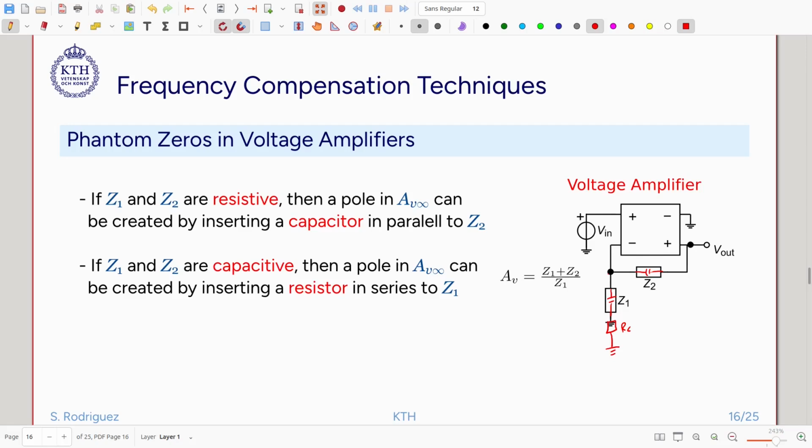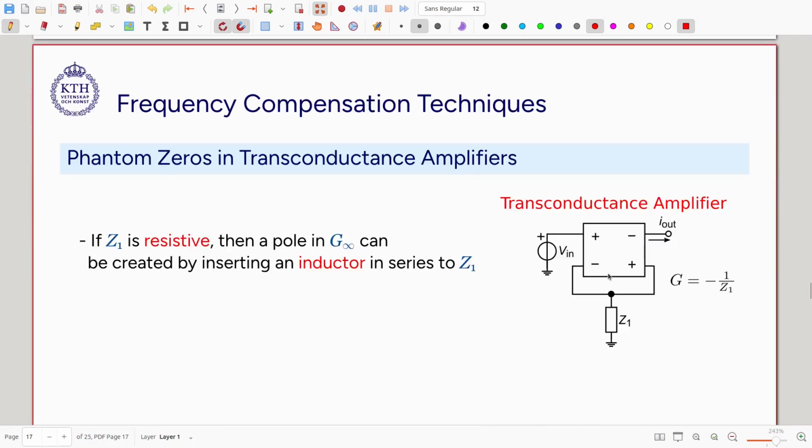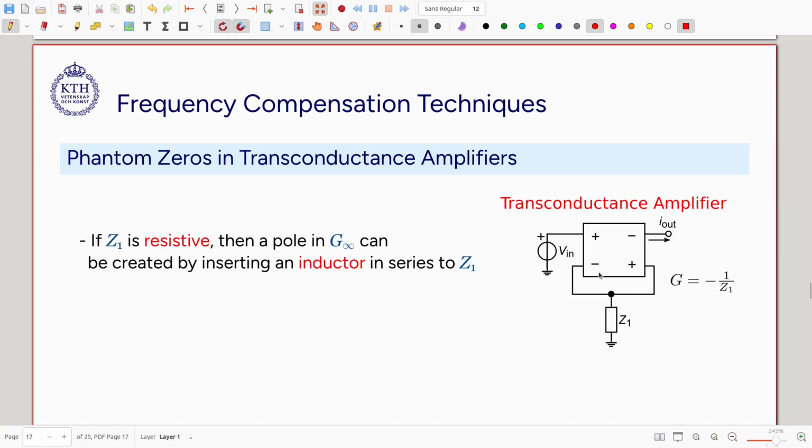So these are the two ways to create poles in the asymptotic gain. In our example, we have the voltage amplifier with the resistive feedback. We will introduce a phantom zero.